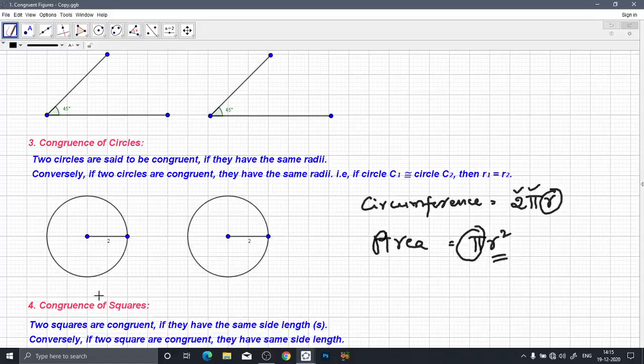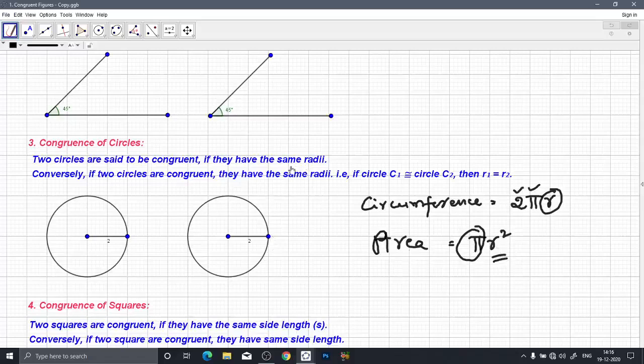That means in any circle, if we change the radius value, both the circumference and area will change. That's why, to tell the congruency of two circles, we are considering the radius only.